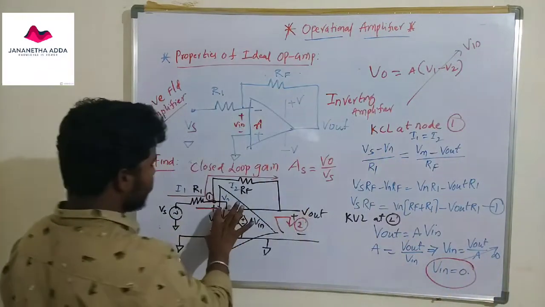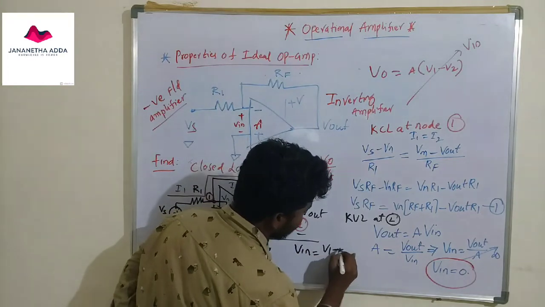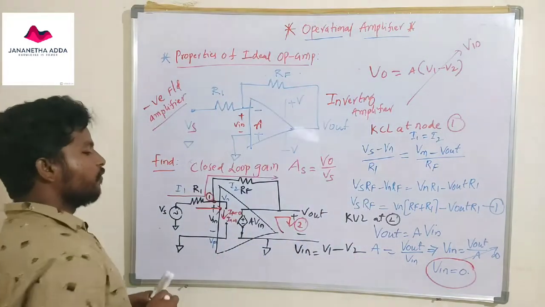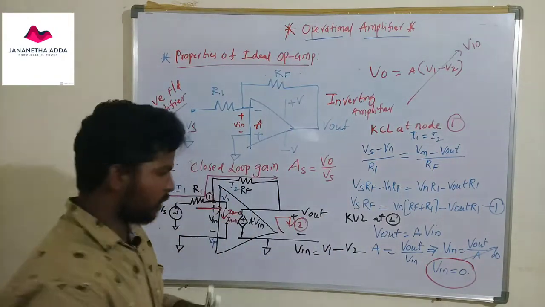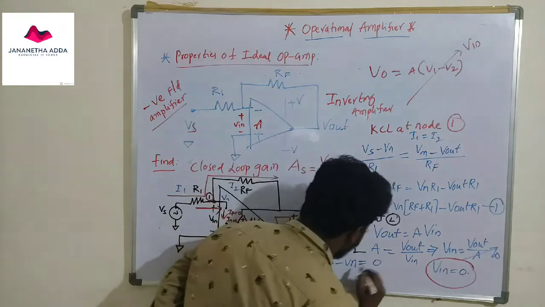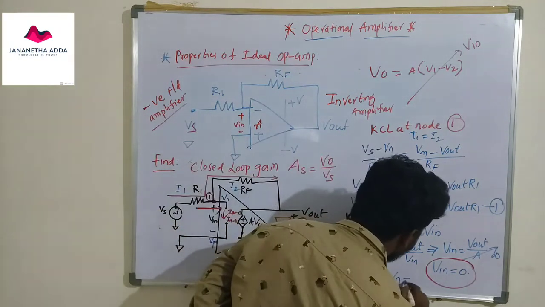So V input equals V1 minus V2. In this case, I assume that V1 is equal to Vp and V2 is equal to Vn. So Vp minus Vn is equal to 0, which is only possible when Vp equals Vn.